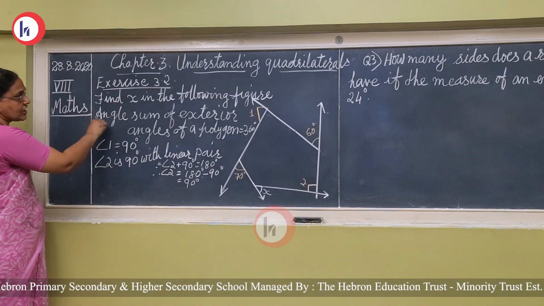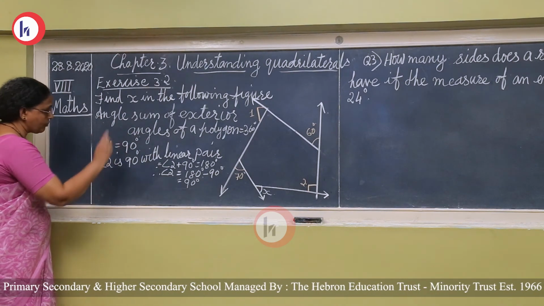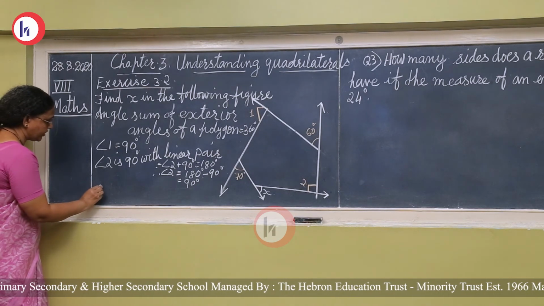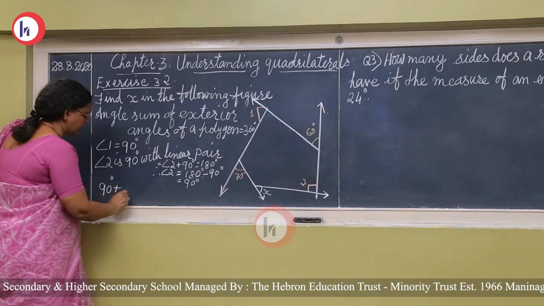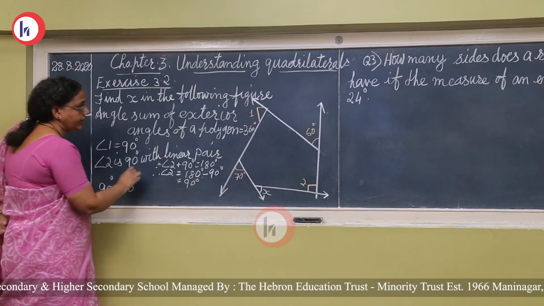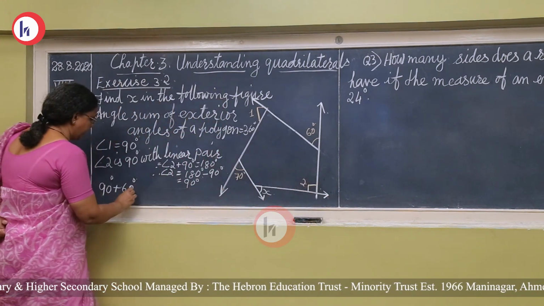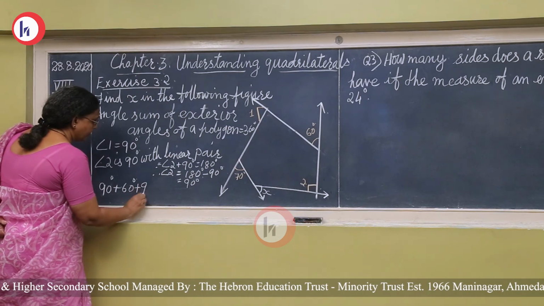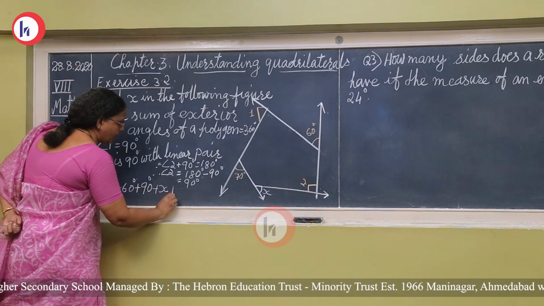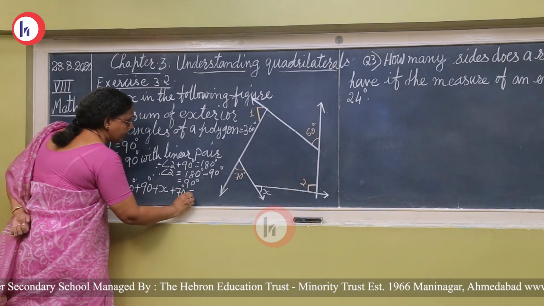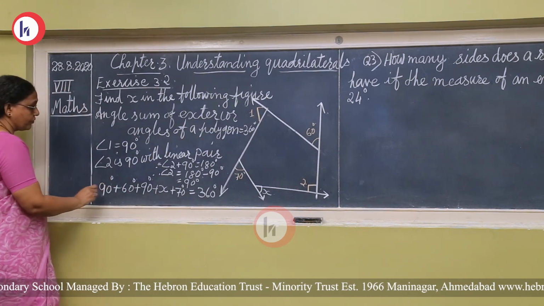Now use the angle sum property and find the exterior angles. The first one, number 1, we have already got, that is 90 degrees, plus the second one is 60 degrees, already given. Then here also we have found 90 degrees plus 90 degrees outside angles. Then x has to be found. x plus 70 degrees, total is 360 degrees.